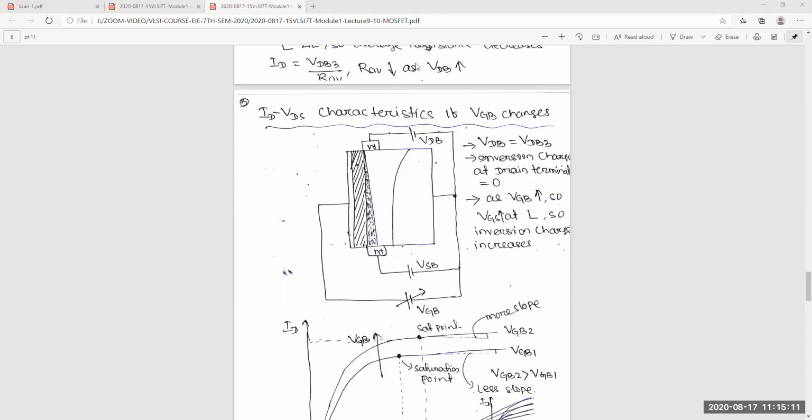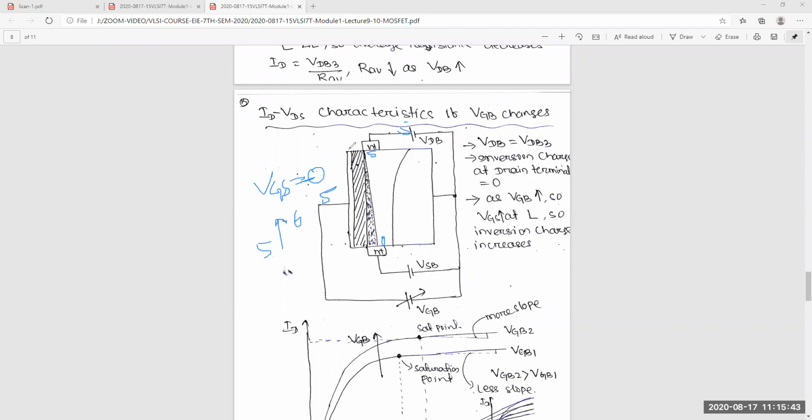We are giving 5 voltage, so at this point VGS is equal to 0 because 5 minus 5 is 0. Now we will increase VGB from 5 to 6 or 7, whatever.